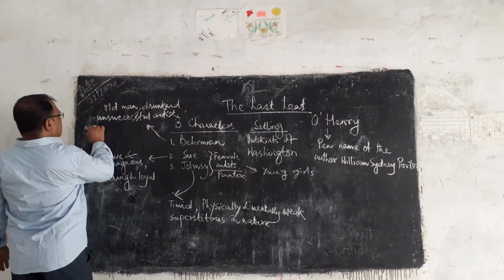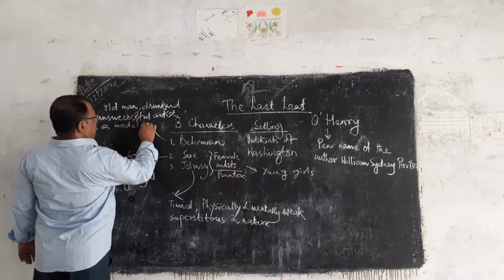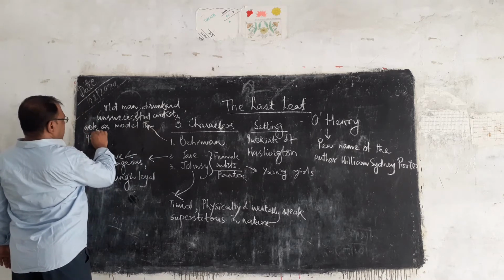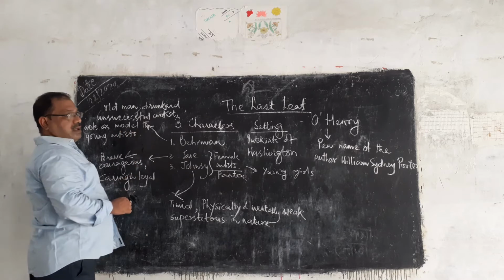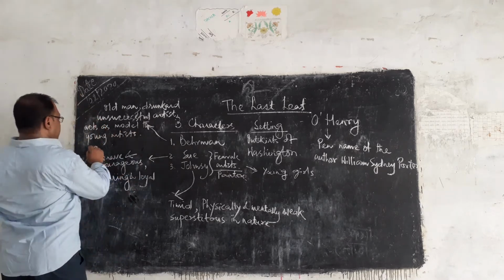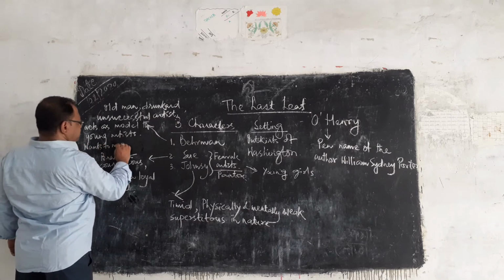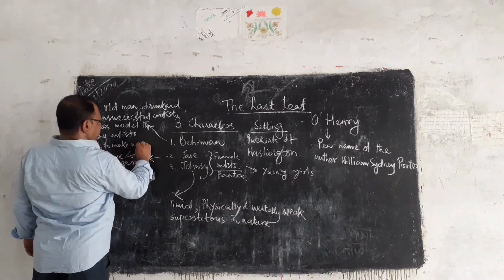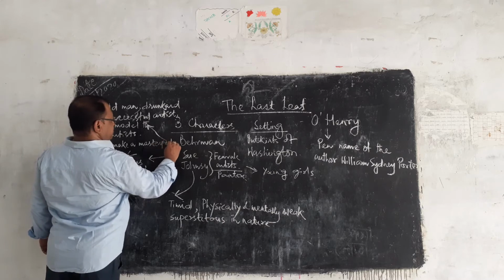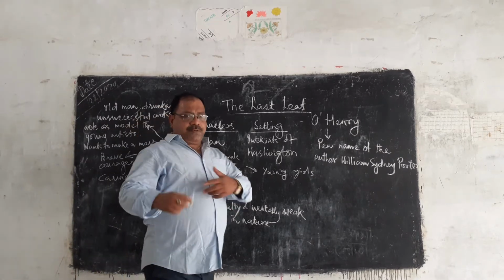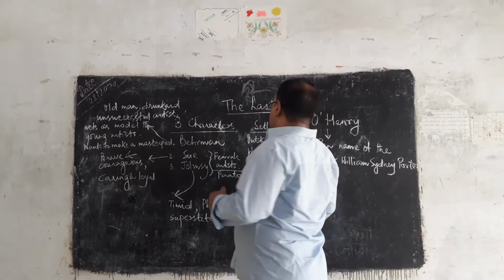He acts as a model to young artists and wants to make a masterpiece painting. On this point, the three characters revolve around in the story.